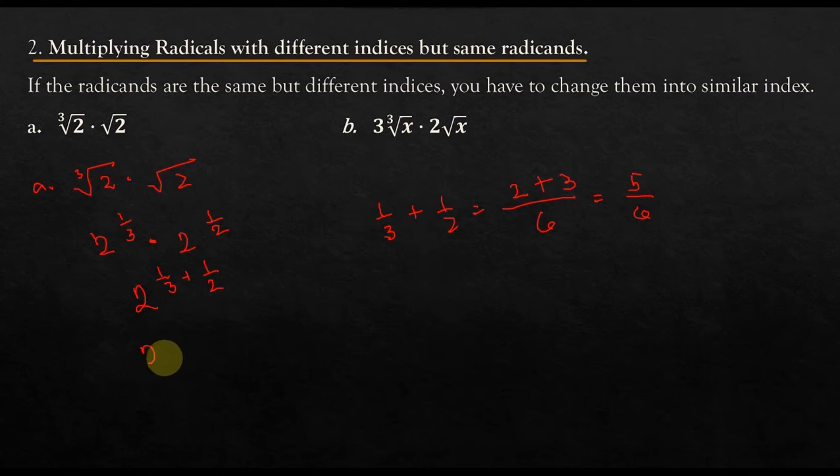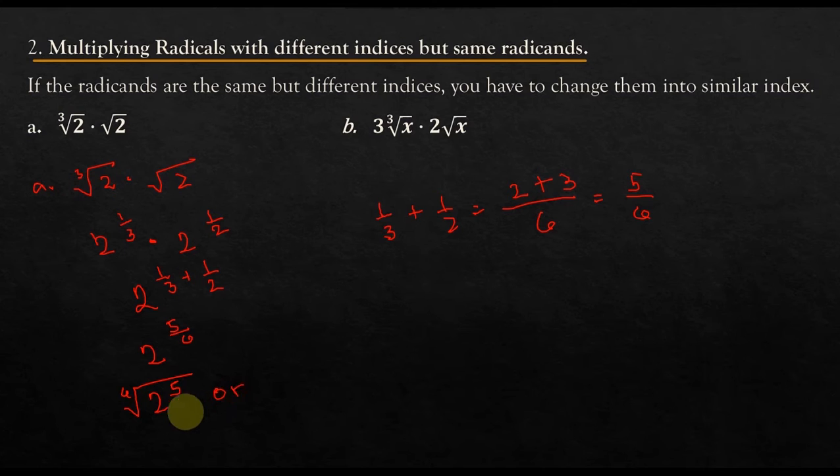So we just need to change this sum to 5/6. So 2 raised to 5/6. And then let's transform it back to radical form. So the denominator, which is 6, becomes our index. The 6th root of 2 raised to 5.